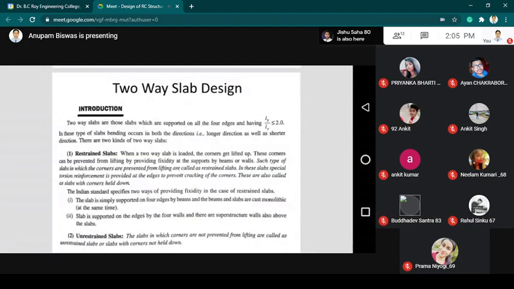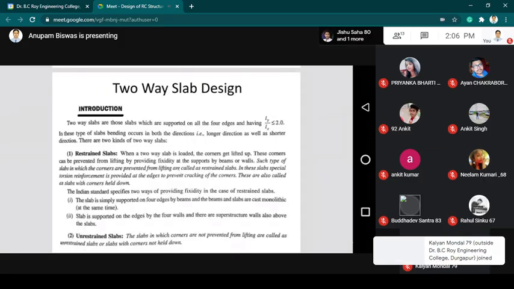Based on the fixity, the two-way slabs are again classified by the Indian Standard. The first case is when the slab is simply supported on four edges. It will be simply supported on all four edges on a beam, and the beam and the slab may be cast monolithically, means at the same time they are cast.